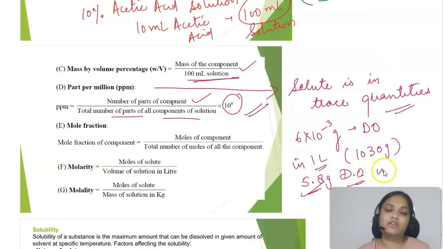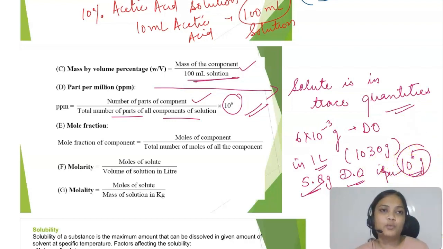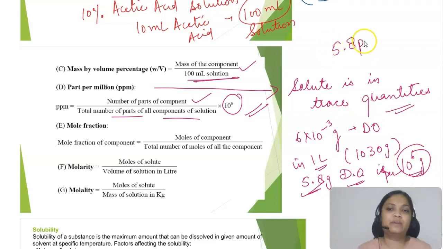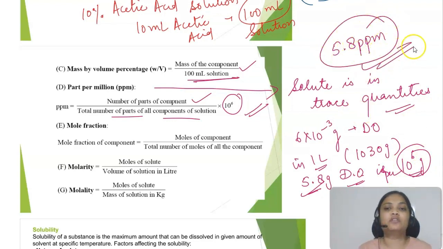So 5.8 grams of dissolved oxygen is present in 10 to the power 6 grams of water. So I can represent this as 5.8 ppm. 5.8 ppm is the concentration of oxygen in the seawater.